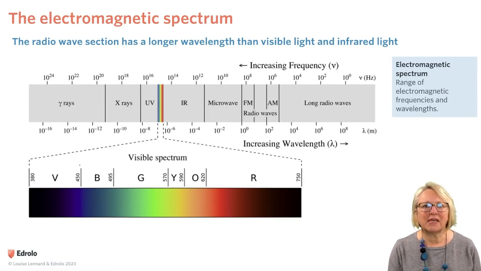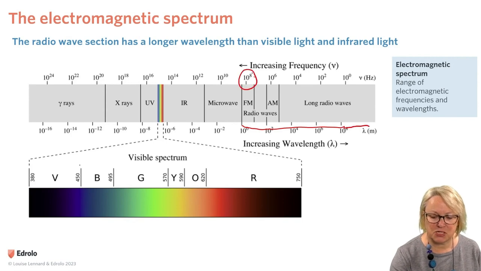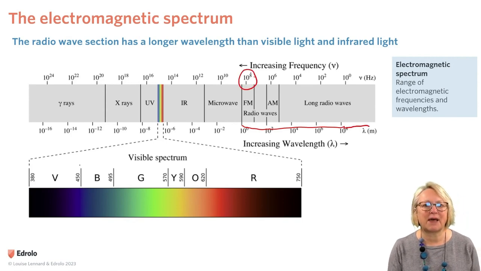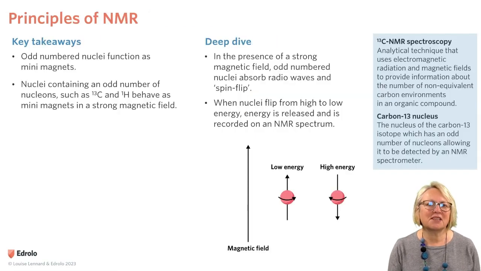This time in NMR, we're looking at the radio wave length of the electromagnetic spectrum, especially around 10 to the power 8 hertz. The radio wave section has a longer wavelength than both visible light and infrared light, which we've seen before.